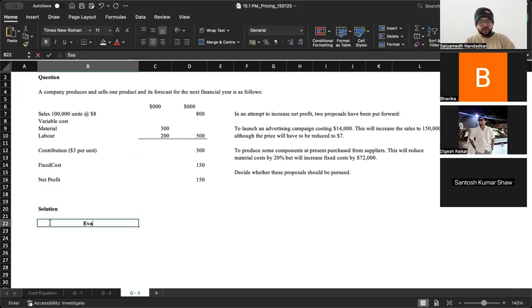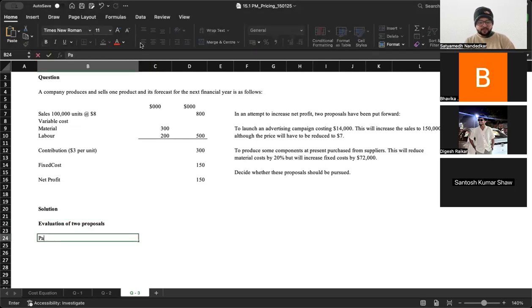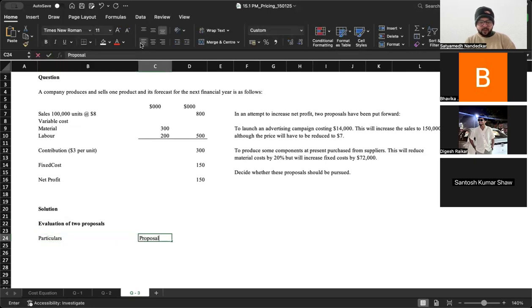Let's evaluate proposal 1. Evaluation of, let's do two proposals next to each other. ठीक है, यहाँ पे let's write down particulars. यहाँ पे लिखो proposal 1, यहाँ पे लिखो proposal 2.